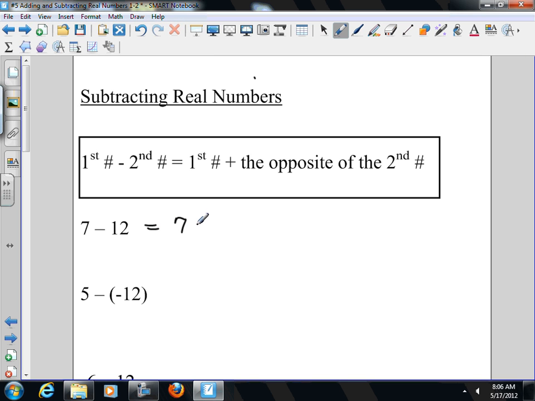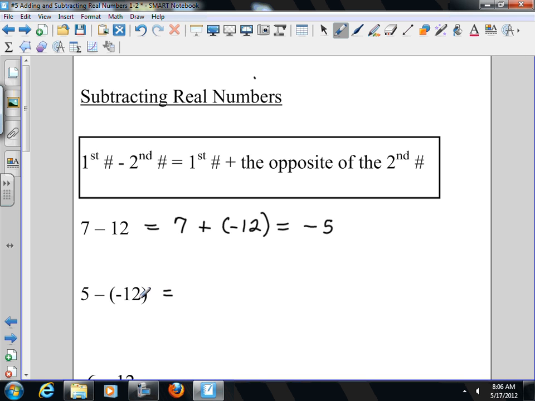So we're going to say 7, that's our first number, plus, what is the opposite of 12? Well, it's negative 12. We know how to do that problem. 7 plus negative 12, we just did problems like that before. I bet we don't even have to go through all the absolute values. That would give us negative 5.